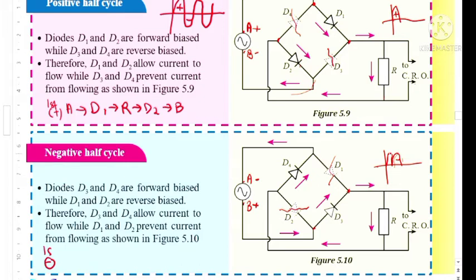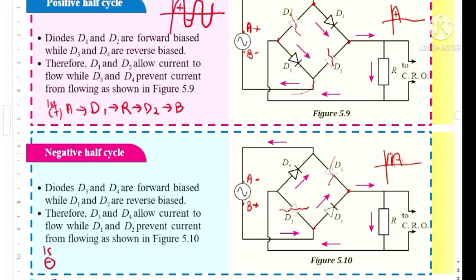Thus go through D4 and complete to A. If we write the path of the current flowing from B, go to D3 and then go to R and then go to D4 and then go to A.